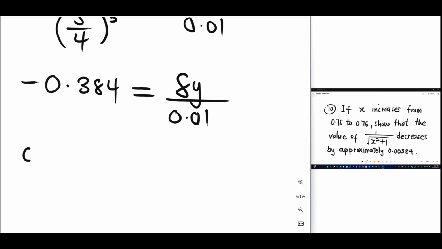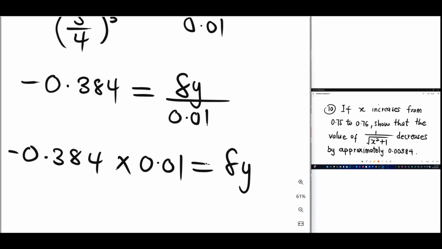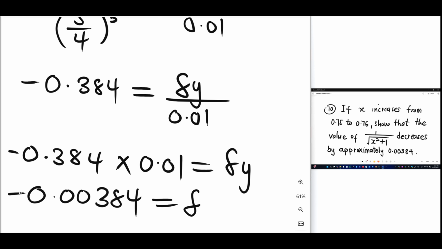I'm now going to get negative 0.384 times 0.01 equal to the small change in y. Times 0.01, I'm getting a result of negative 0.00384 as the small change in y.